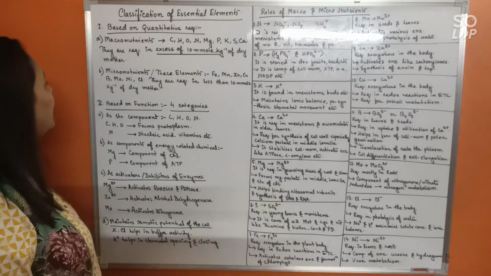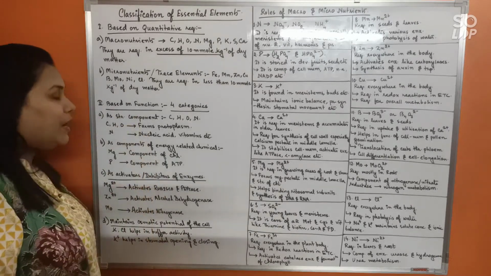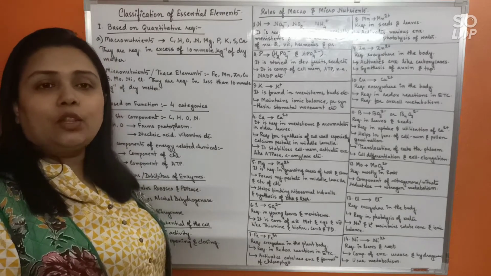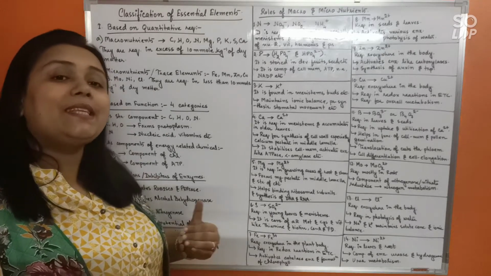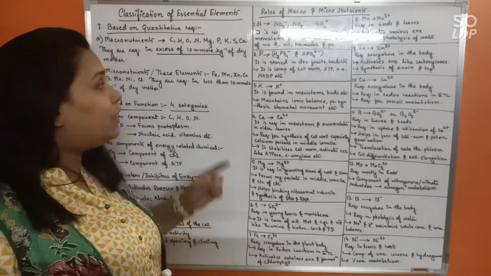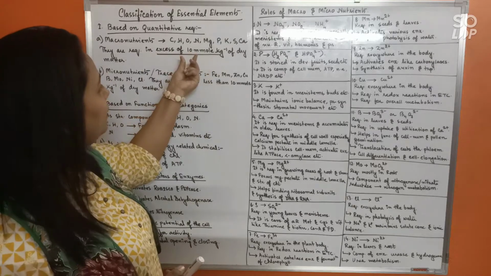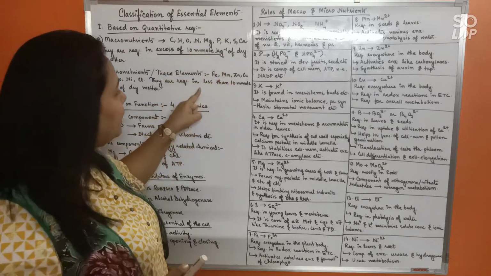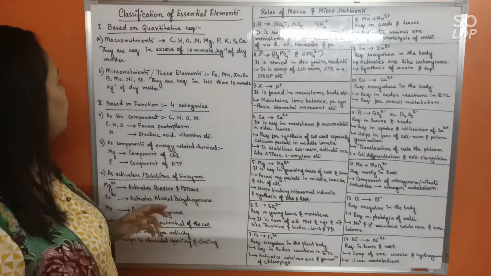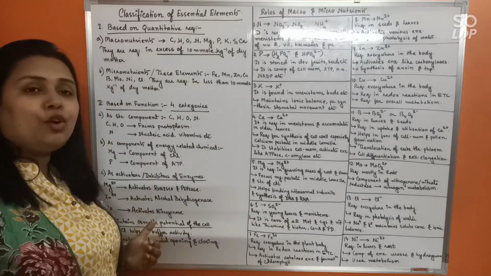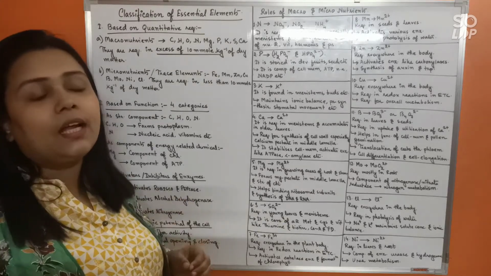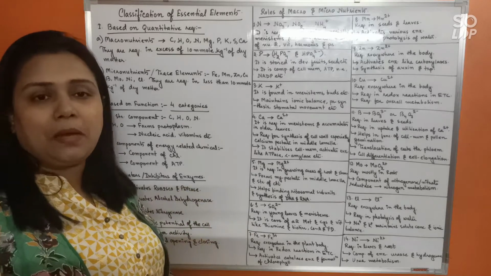So 9 of them together make up the macronutrients. Now, micronutrients or trace elements. Micronutrients or trace elements are those required in less than 10 millimole per kg of dry matter. That's the difference. Micronutrients are also called trace elements because they are required in very little quantity by the plant.